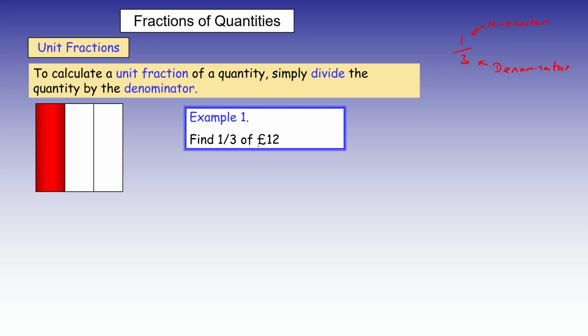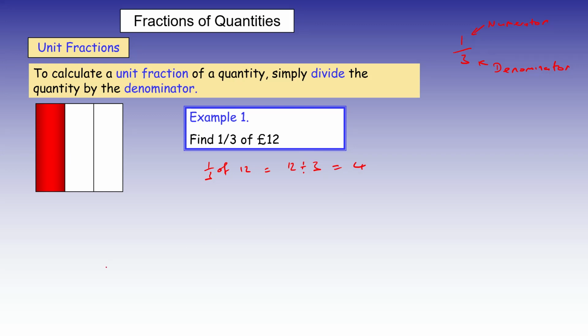Okay, so we've got to find a third of 12. All we have to do is divide by the denominator. Okay, because 1 is a unit fraction, 1's on as our numerator, all we do is 12 divided by 3. 1/3 of 12 is equal to 12 divided by 3, which is 4, which is our answer then.